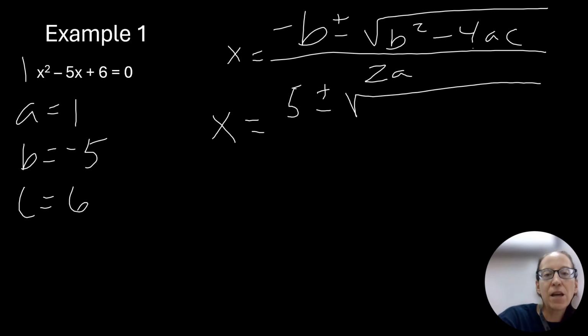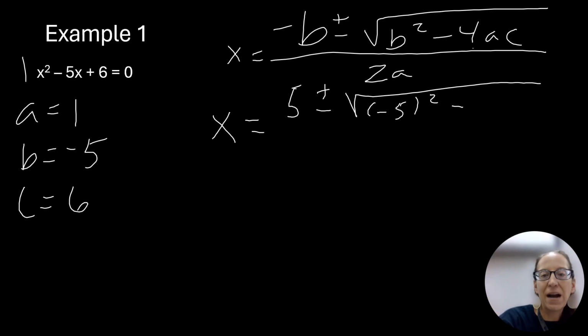Now, a tip here, always put your B value in parentheses when you're squaring it. It won't always cause an error if you don't, but it does about half the time. So it'll cause an error if it's negative, okay? So put it in parentheses.